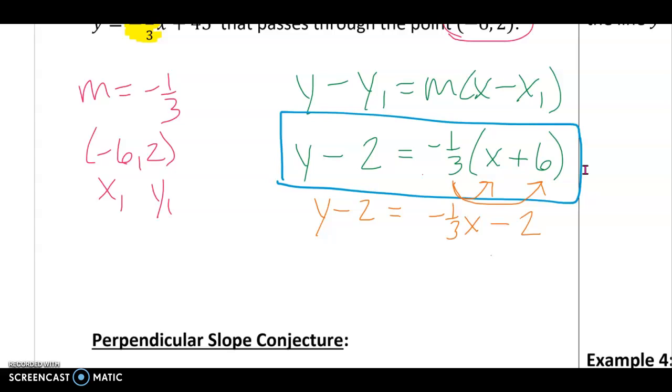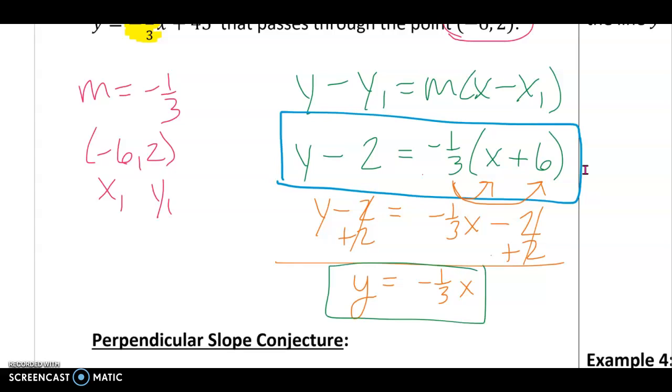But remember, your Inspire calculator does allow you to multiply a fraction times a whole number. And our last step to get y alone is to add 2, the opposite of minus 2, to both sides. So y equals negative 1/3 x. And what do you know? Negative 2 plus 2 is 0. So this one also cancels out. So there's our final equation.